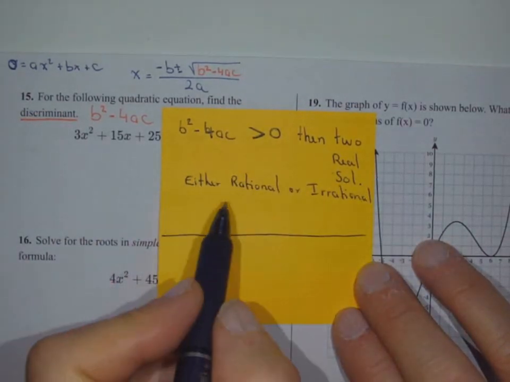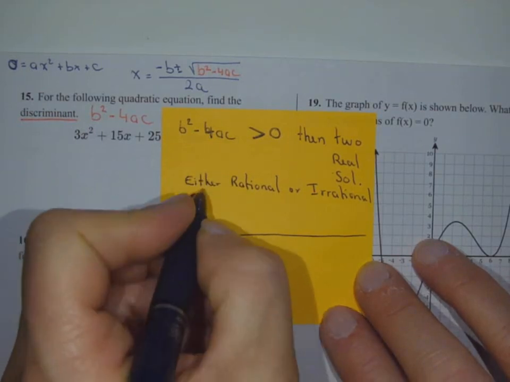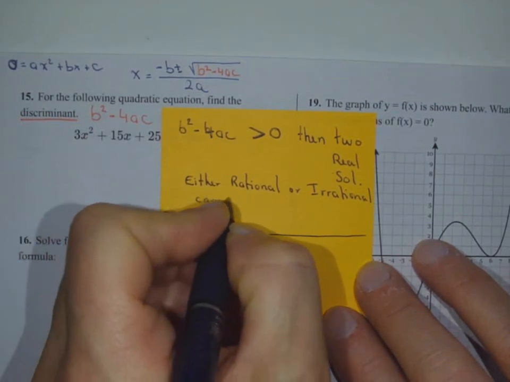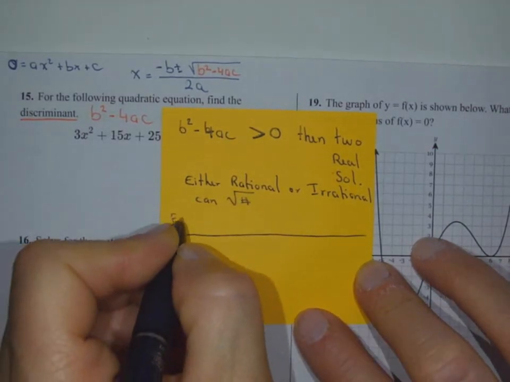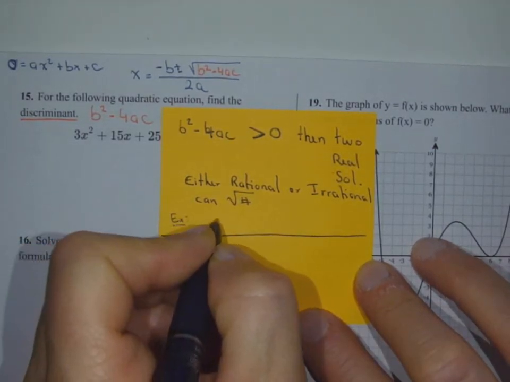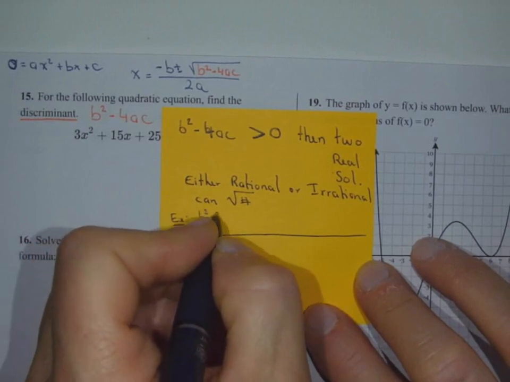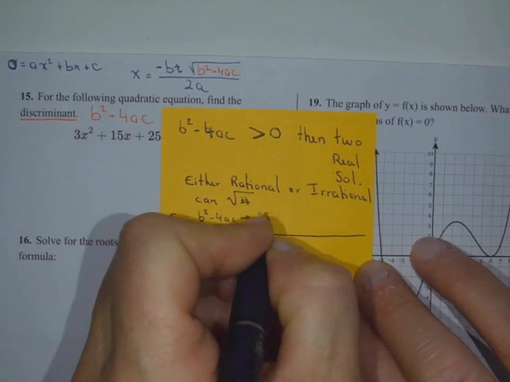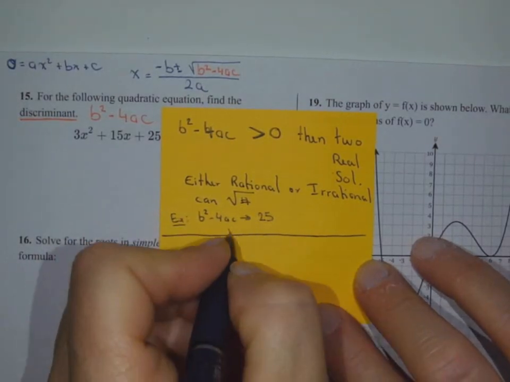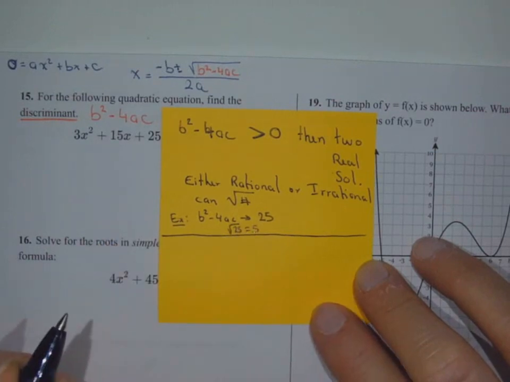What do I mean? Rational is when you can take the square root of the number. For example, if I end up with a b squared minus 4ac of 25, well, the square root of 25 equals 5. That's what I mean by rational.